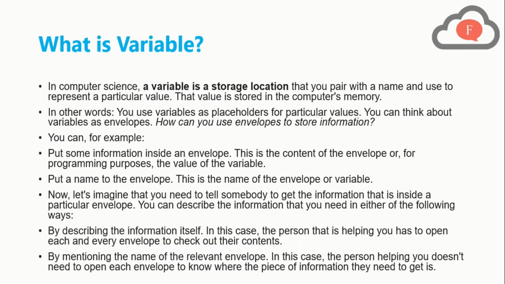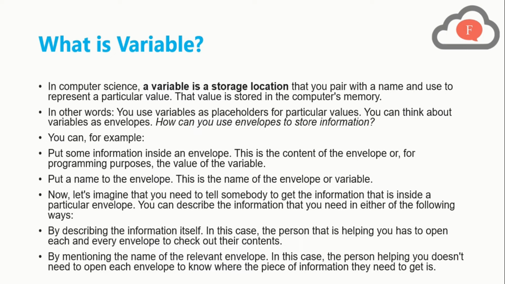So in other words, you use variables as placeholders for particular values. You can think about variables as envelopes. How can you use an envelope to store information? Because you put the information within it. So you can, for example, put some information inside an envelope.